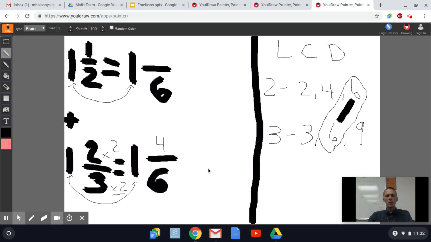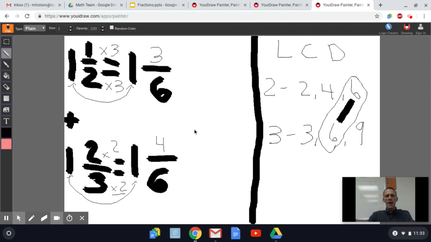Now let's go up here to the top and change this. So 2 times what number will give you 6? Perfect. 3, because 2 times 3 is 6. So whatever you do to the bottom, make sure you do to the top. So 1 times 3 will give us 3.